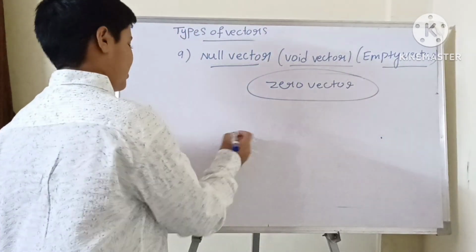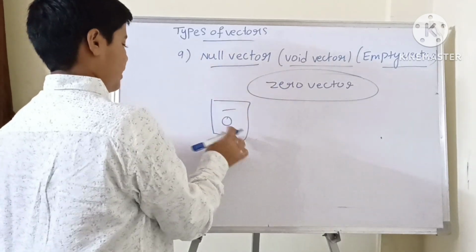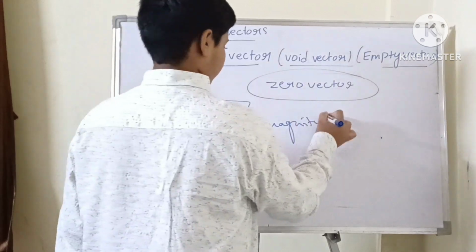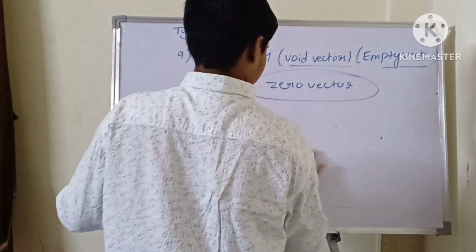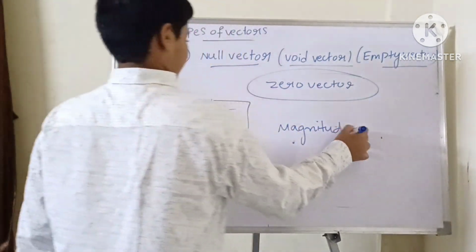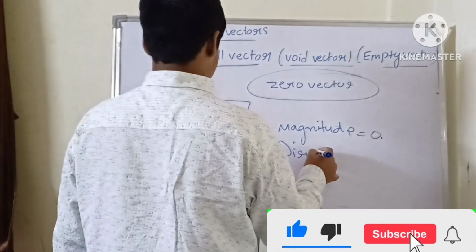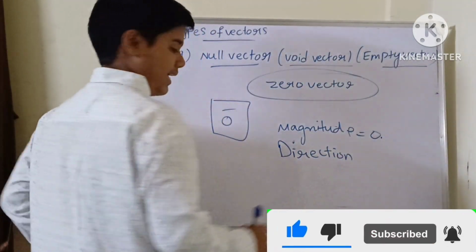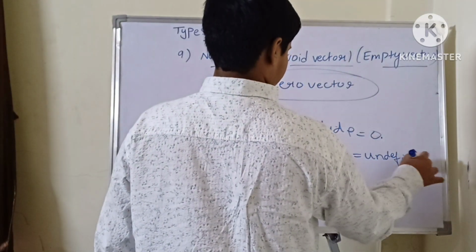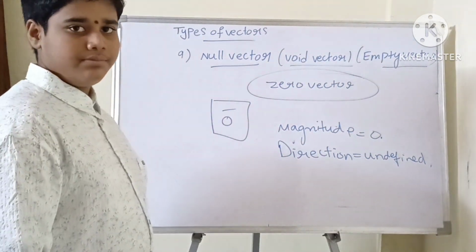Zero vector means 0 bar. The magnitude of the zero vector is 0, we already know. Direction is undefined, because for a zero vector it is undefined. Okay.